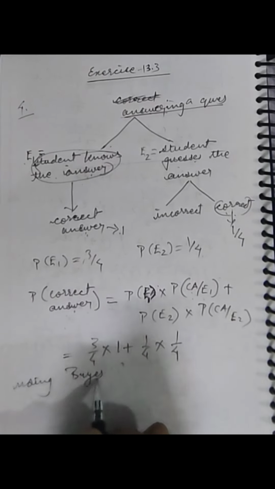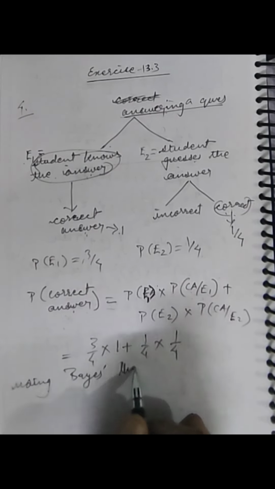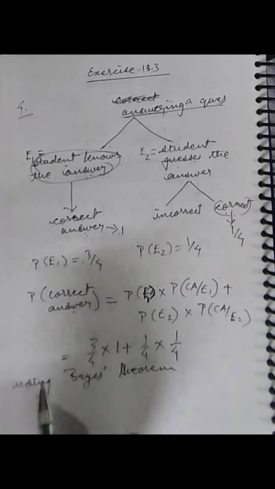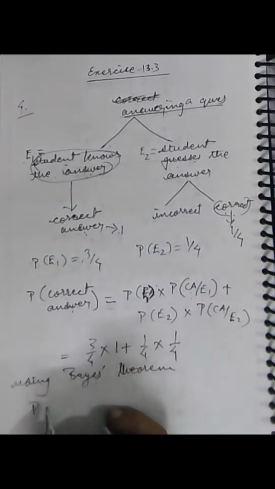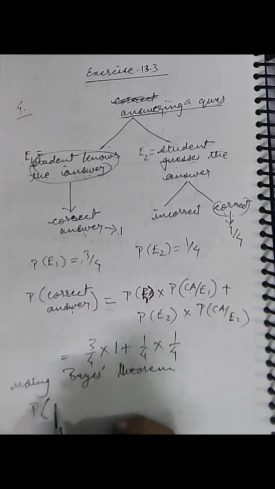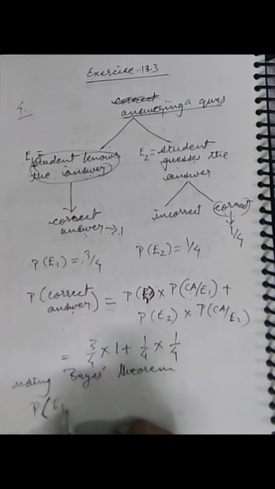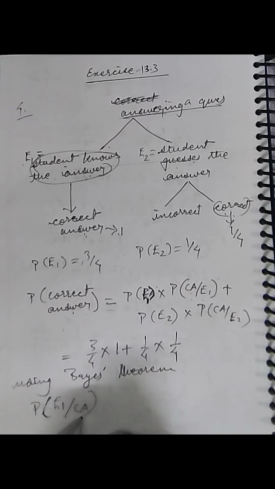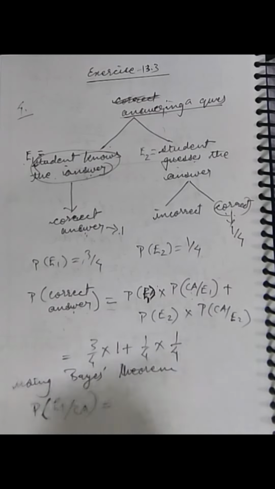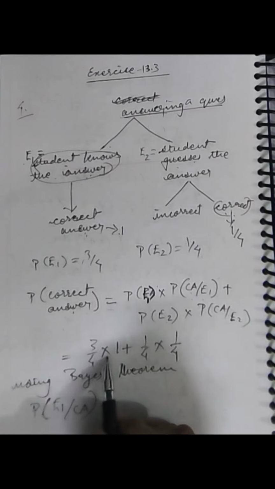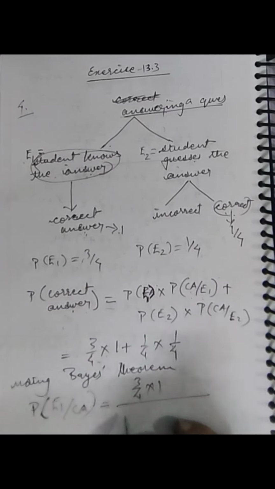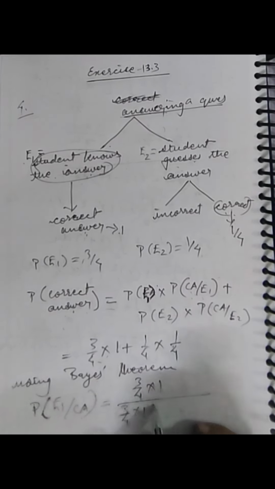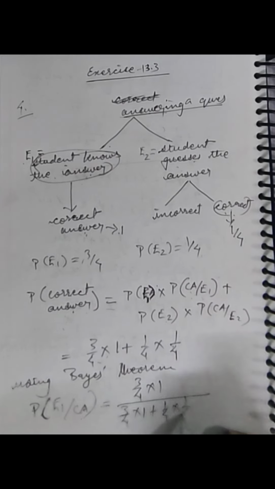Using Bayes theorem, we can expand the idea. What is required? The probability that the student knows the answer. So in symbolic language we will write the probability of E1 when correct answer has already occurred is equal to, now this is the first term which favors E1, so this will be written in the numerator, divided by the total probability of correct answer.